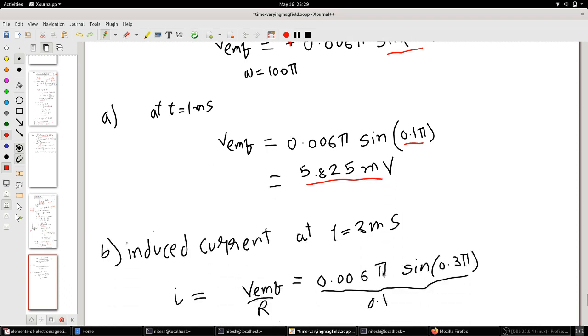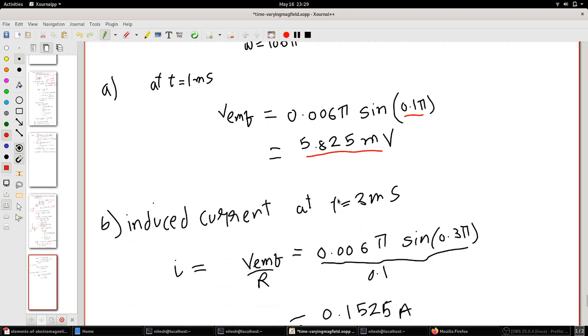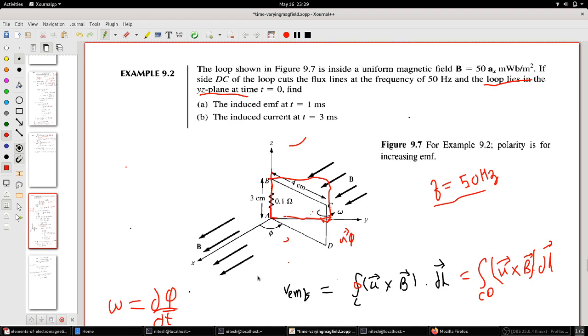In the second case, the induced current at t equal to 3 milliseconds is what is to be found. So R is 0.1. So whatever VEMF is induced here will be dropping across this AB.